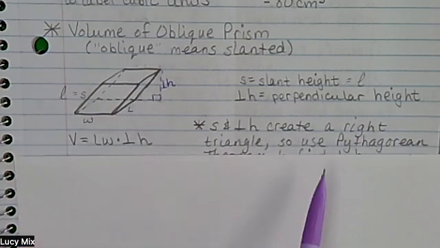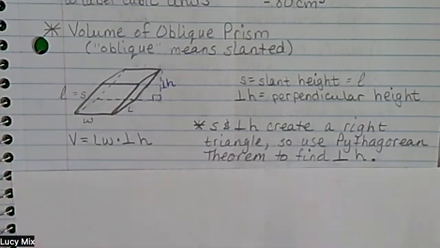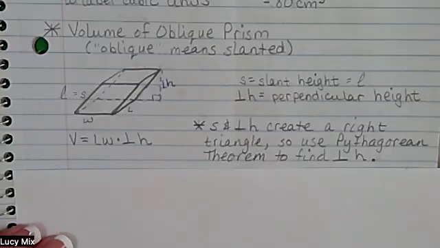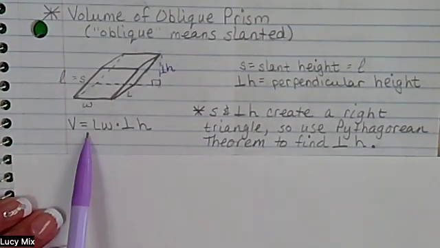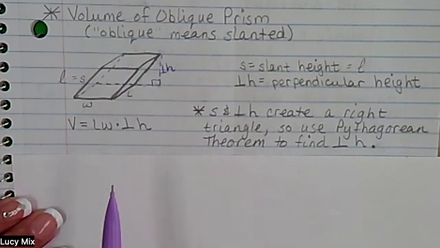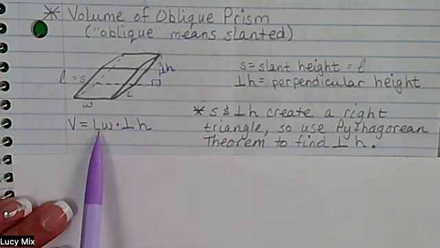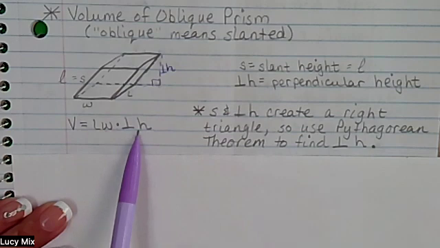So you can use Pythagorean theorem to find the perpendicular height if you need to. All right. And the formula for the volume of an oblique prism is length times width times perpendicular height. So be very careful about that.